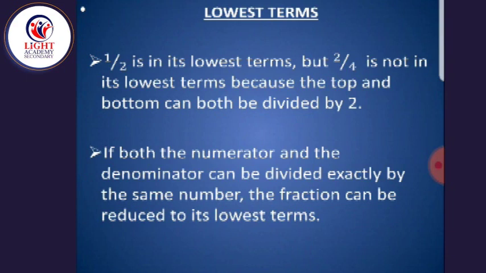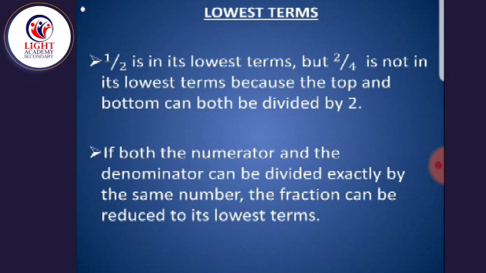A fraction is said to be written using the lowest terms if its numerator and denominator are relatively prime. That is, they have no common factors other than 1. For example, a half is in its lowest terms, but 2 out of 4 is not in its lowest terms, because the top and the bottom can both be divided by 2.